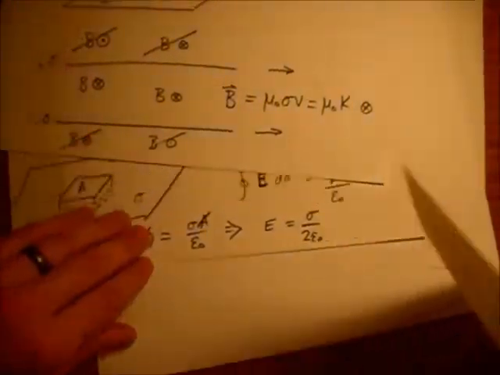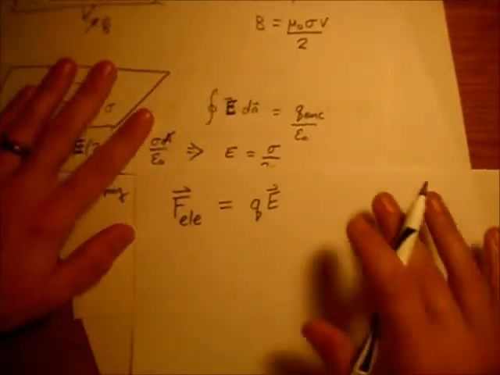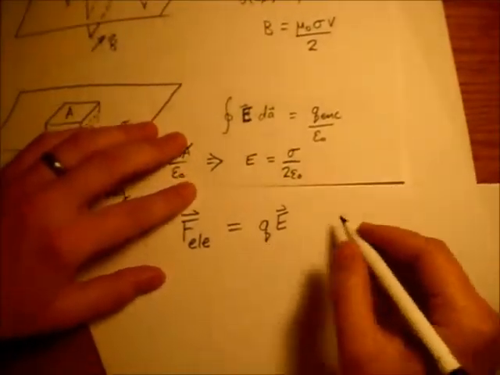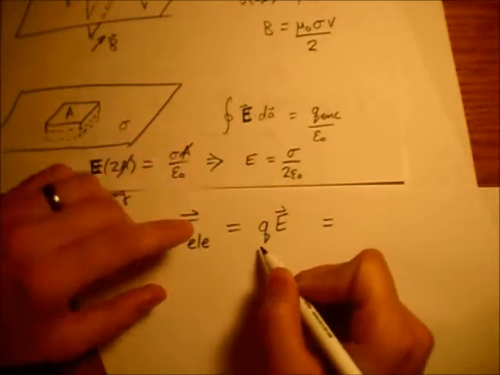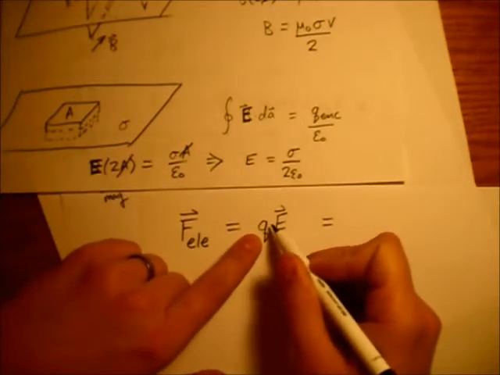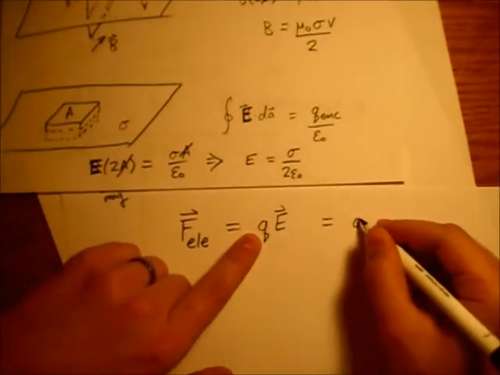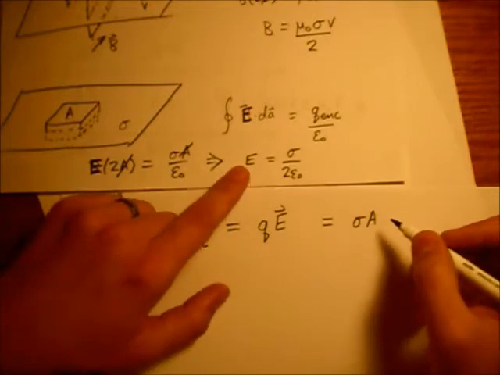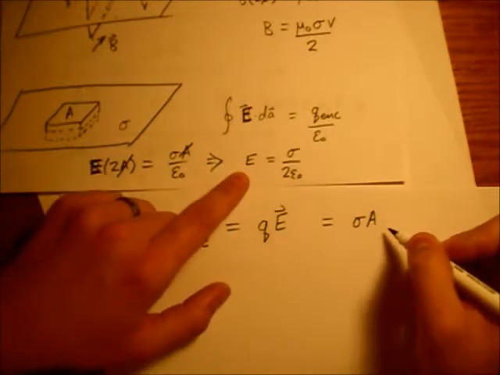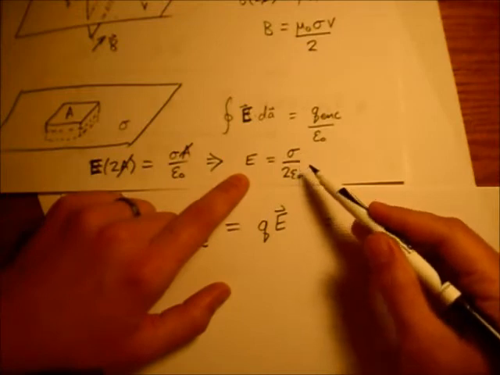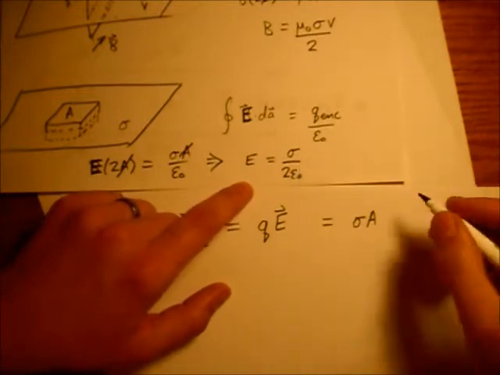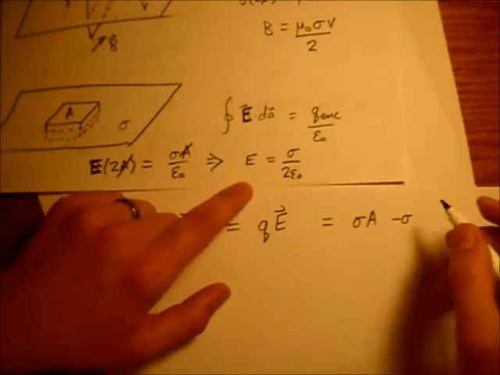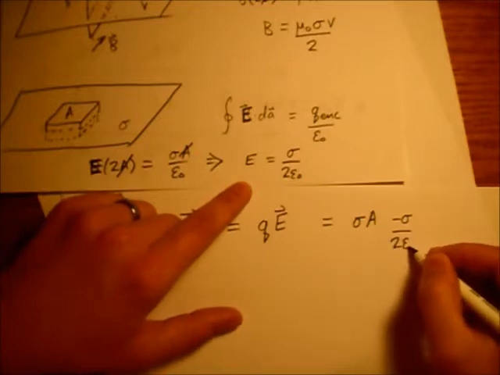So what we're doing here, the charge of the top plate is sigma multiplied by some A, right? And the electric field due to the charge on the bottom, we had a minus sigma over 2 epsilon naught.